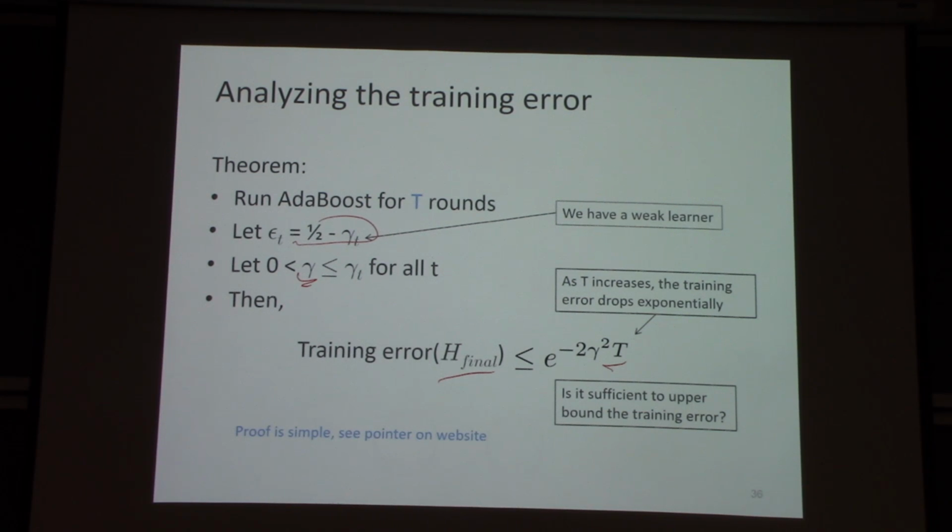Yes? So why are we using weak learners? Why don't we just do a conglomeration of strong learners? Oh, this is true for weak learners, which means it's true for strong learners as well. But would you get a better result if you used all strong learners? You might end up overfitting. So you have to be careful. You don't get something for free. In some sense, this algorithm changes the hypothesis space.